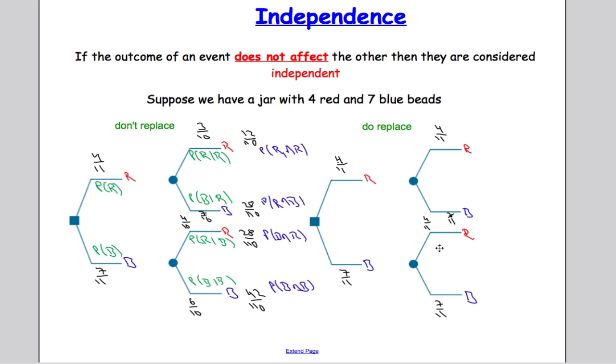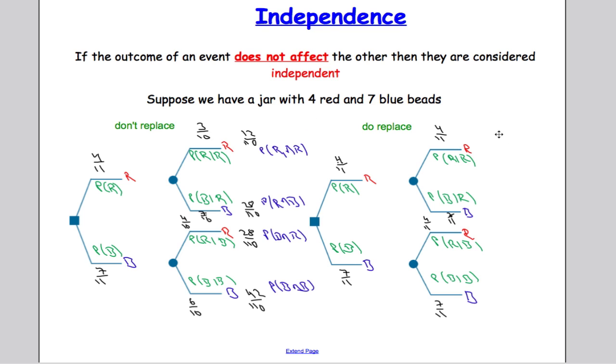But let's see what it does to the meaning of these branches. Now this is still the probability that we choose red, and this is still the probability that we choose blue. This is the probability that we choose red given that we've chosen red, the probability that we chose blue given that we chose red, the probability that we choose red given that we chose a blue, and the probability that we chose blue given that we chose a blue.